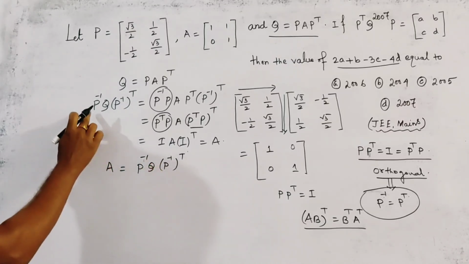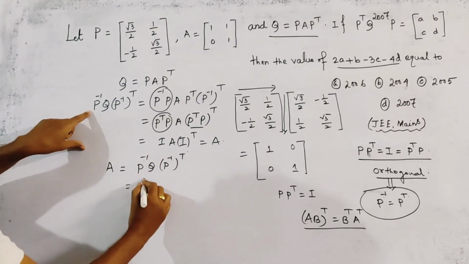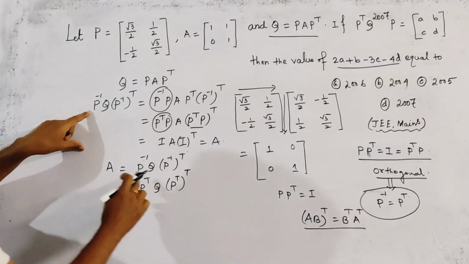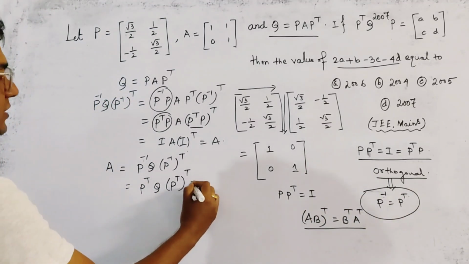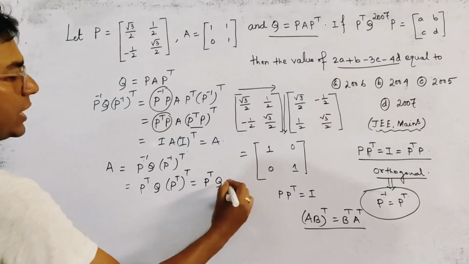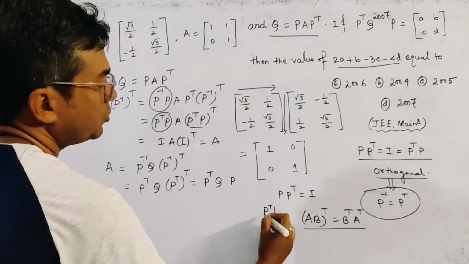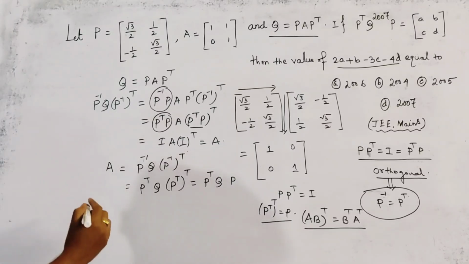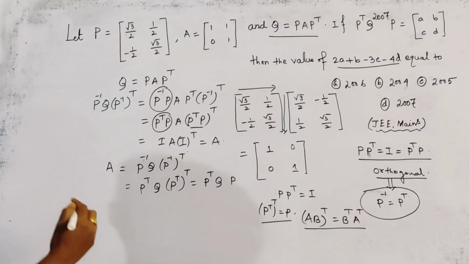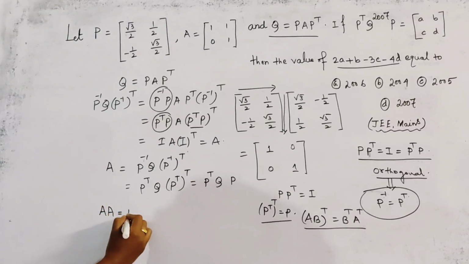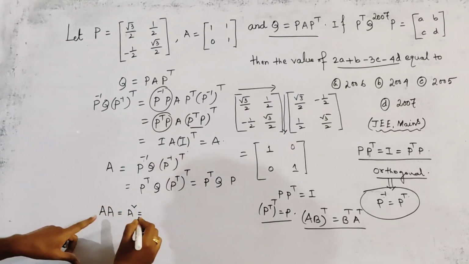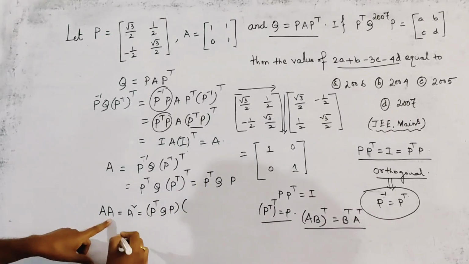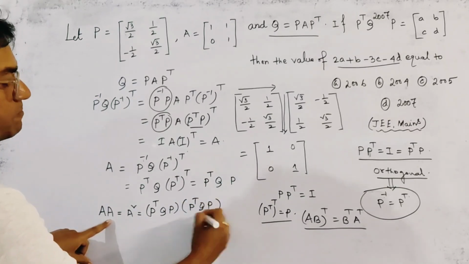And we write this as P transpose Q and P transpose whole transpose, because P is orthogonal, so P inverse equals P transpose, and this relation gives P transpose Q P, because P transpose whole transpose is P. Now we multiply A by A, then we get A square, given by P transpose QP into P transpose QP.